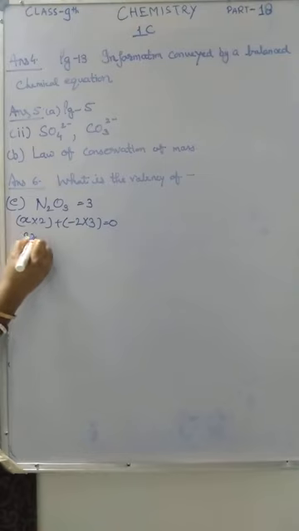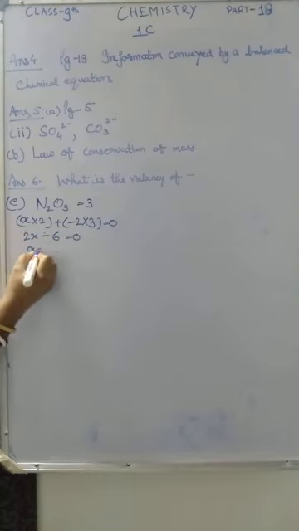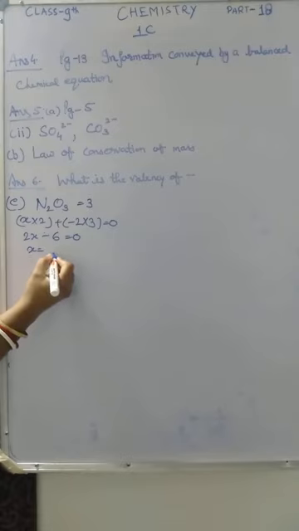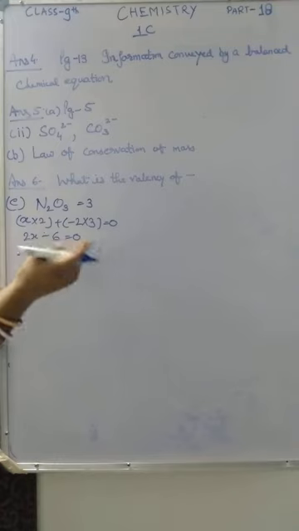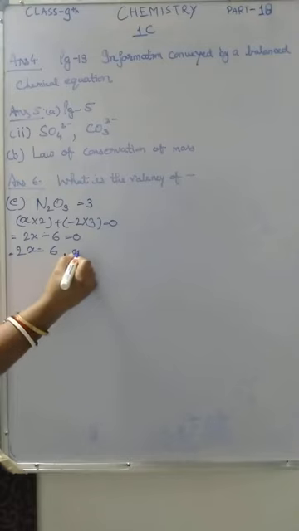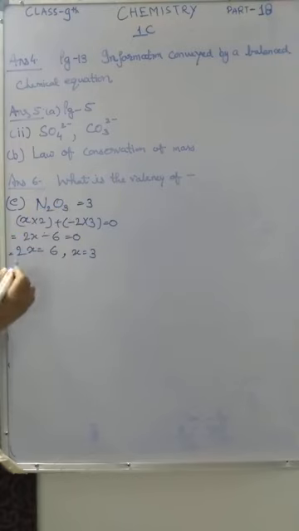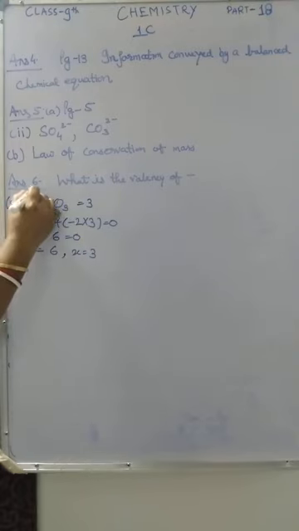So 2x minus 6 is equal to 0, 2x is equal to 6, because 6 will go that side, so it will be positive now. Negative to positive, so x is equal to 3. Or just you see the combining capacity of the next element and that will be the valency. This is part 1.